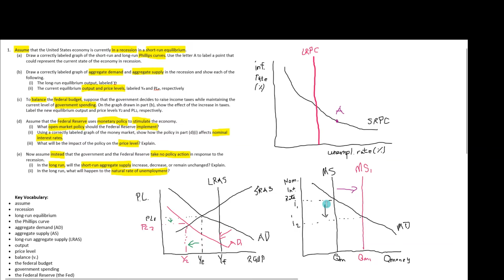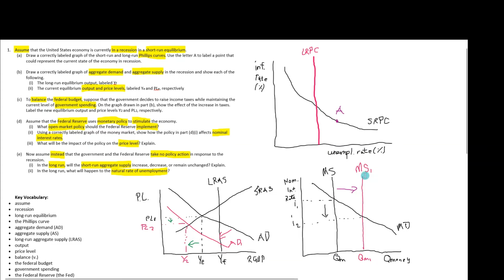We know if the Fed is buying bonds or securities to stimulate the economy, that's what question D tells us, they're going to be increasing the money supply. The money supply is determined by the Fed or the central bank, depending on the question you have. That's going to be shown graphically by a shift in the money supply curve to the right.